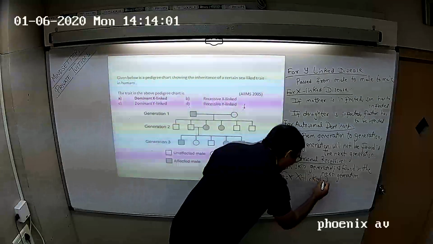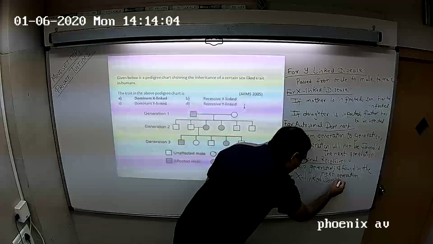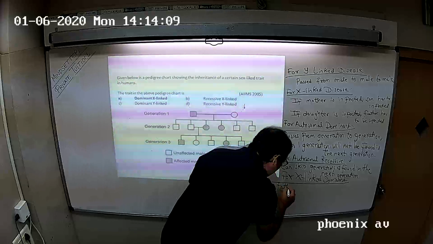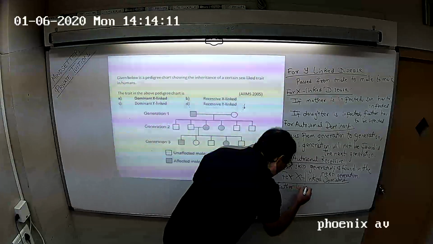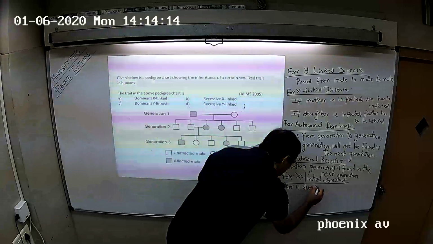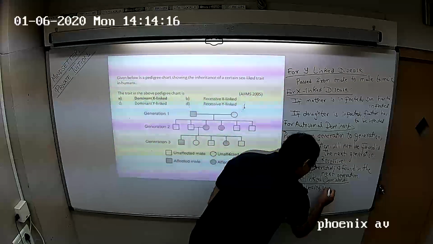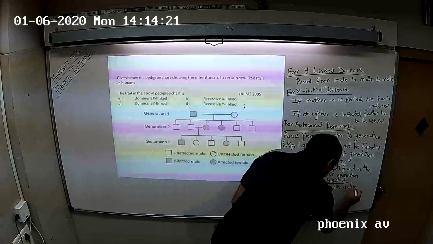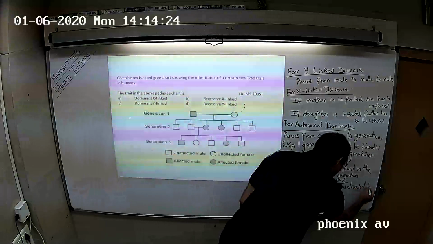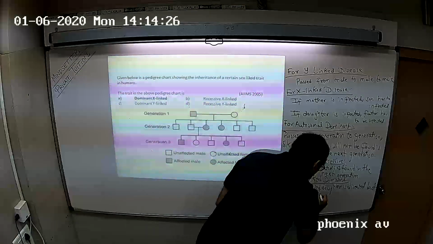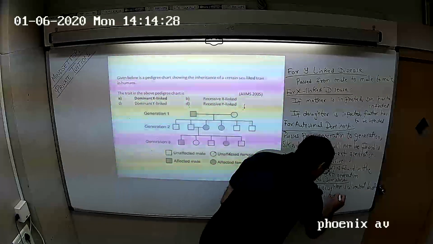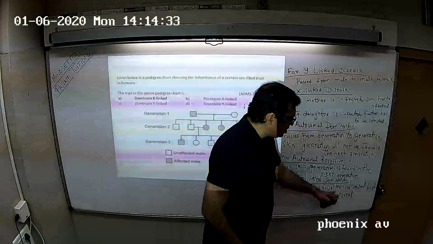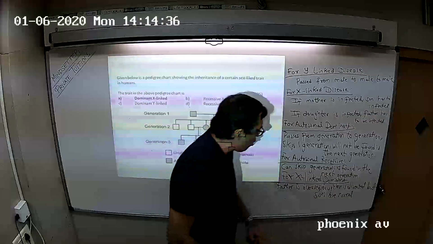For X-linked dominant disorder, father is diseased, daughter is diseased, but sons are normal.